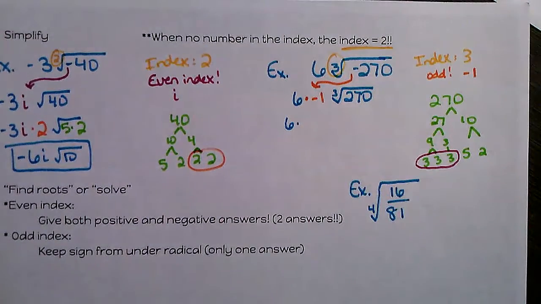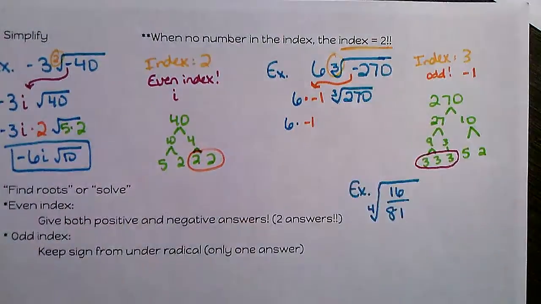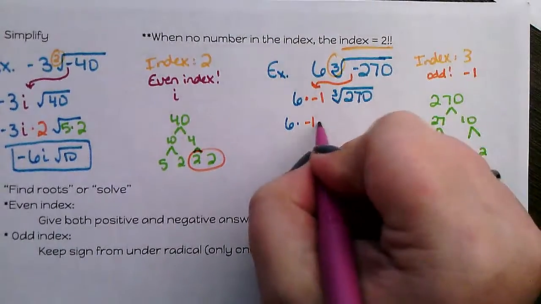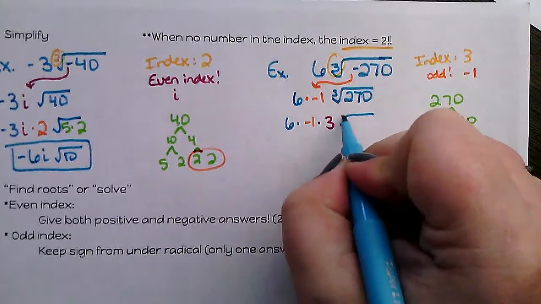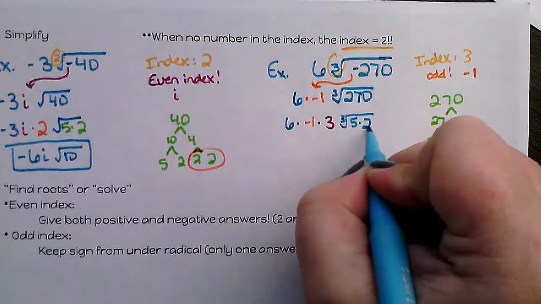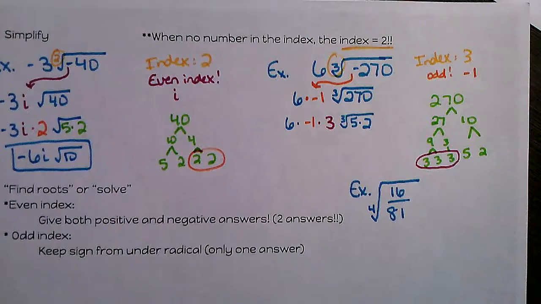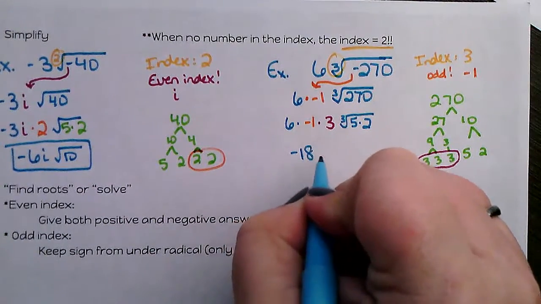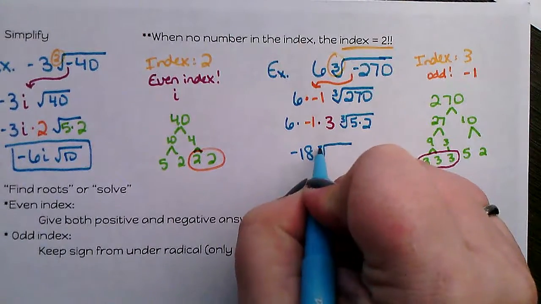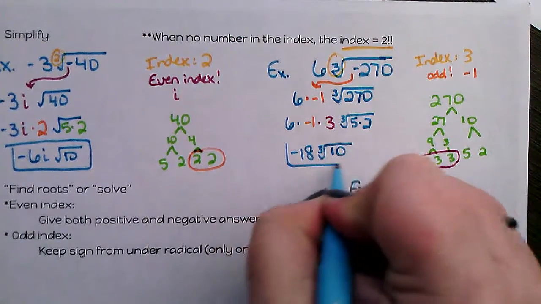So I have 6 times -1, and then my group of 3s gets to escape the radical. But underneath the radical, I still have a 5 and a 2. And then when I multiply all of those together, 6 times -1 times 3 is -18. And then I have the cube root of 5 times 2, which is 10.